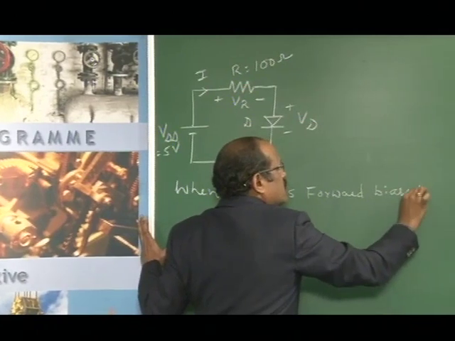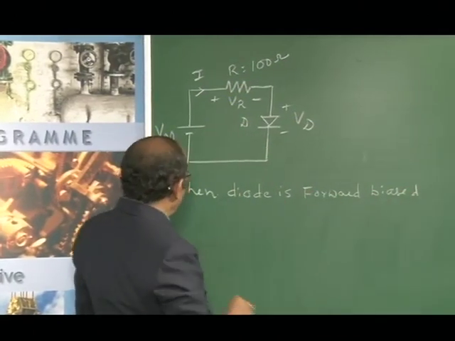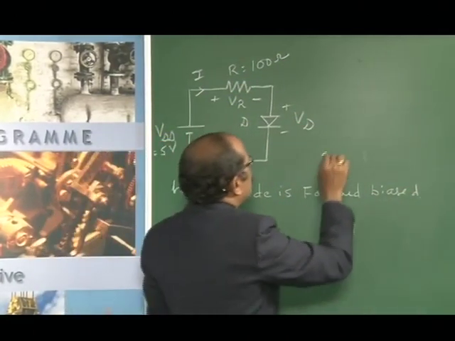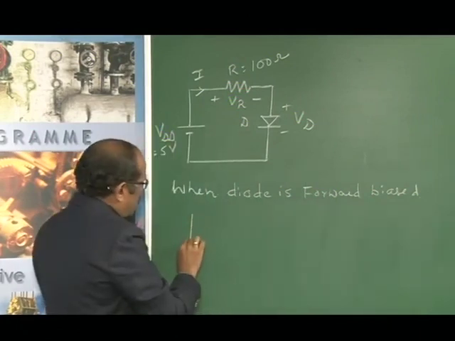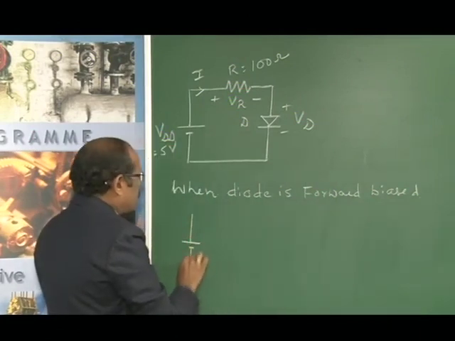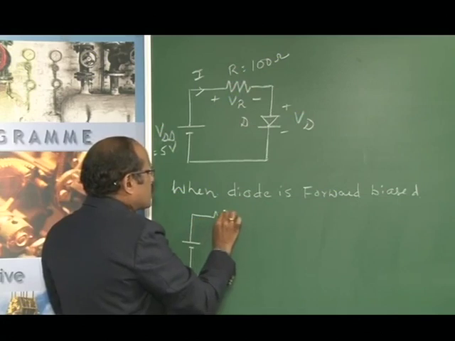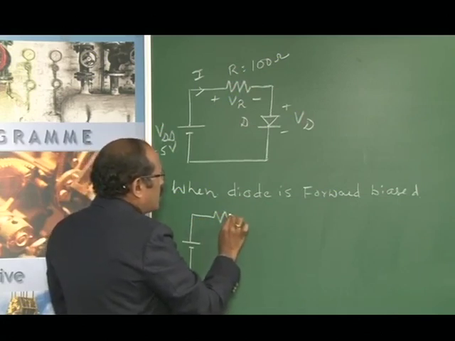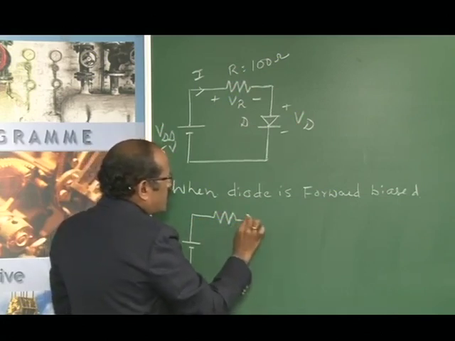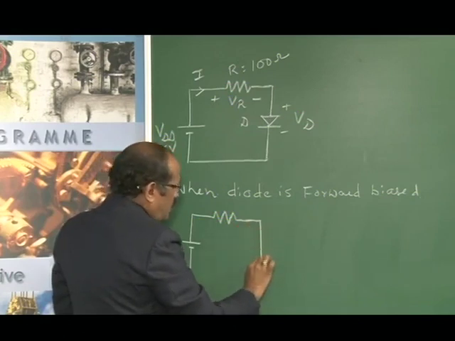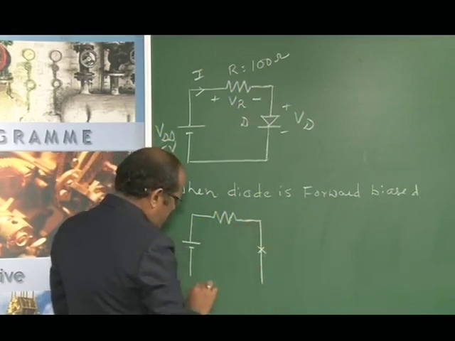so what happens? If you draw the equivalent circuit, this particular circuit looks like a DC supply in series with a resistance, and then we have a conducting diode here.